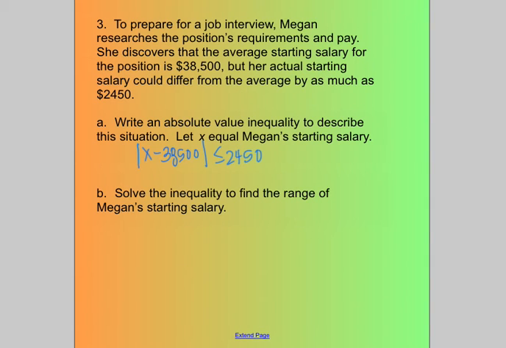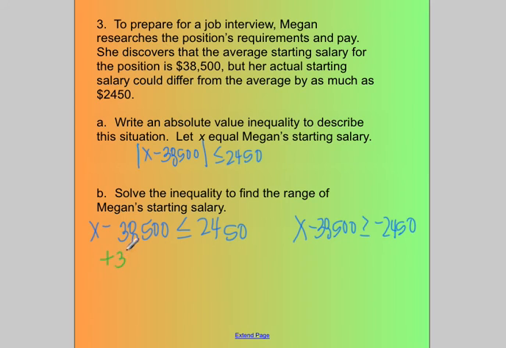Okay, so as we did before, just solve it as the regular. X minus $38,500 is less than or equal to $2,450. And our other answer is X minus, flip the sign around, change to a negative, and solve.